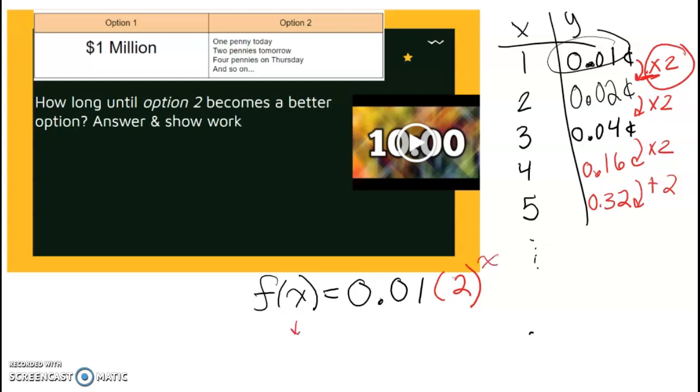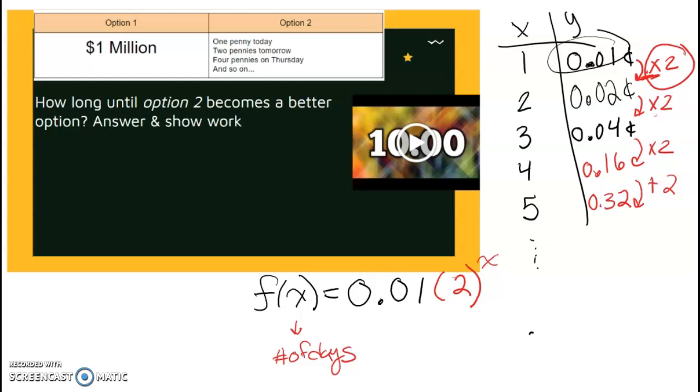The x is the number of days, because it's multiplying times 2 each day. So obviously 2 times 1 is 2. So on the second day I had 2 pennies. And then 2 times 2 is 4. Then I have 4 pennies. And so on and so forth.